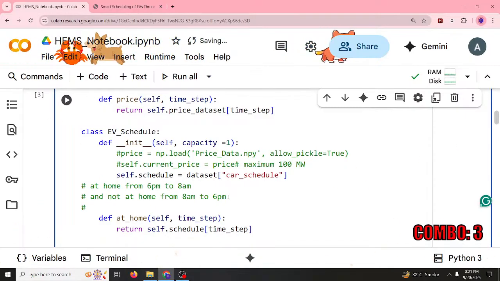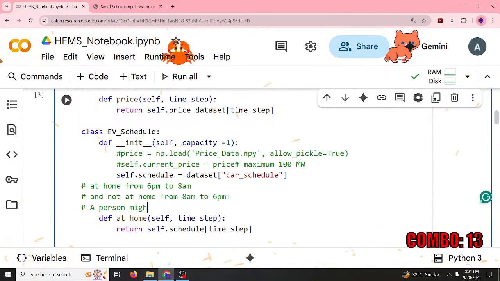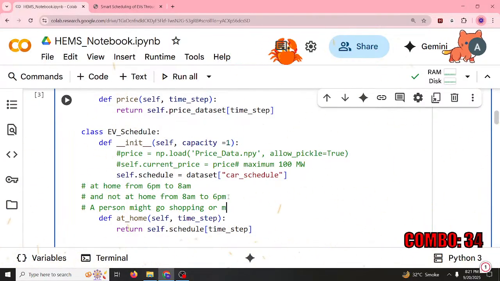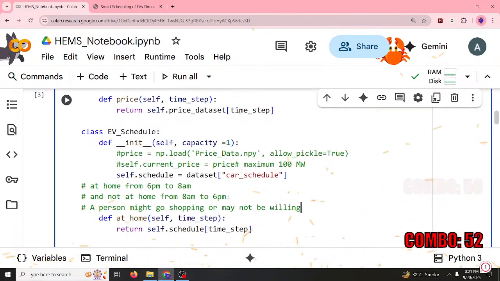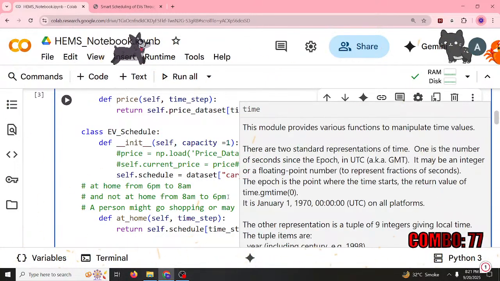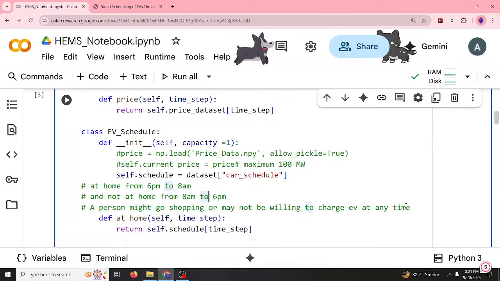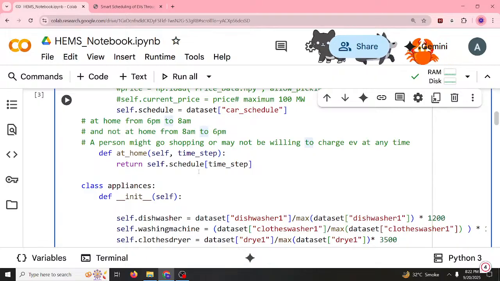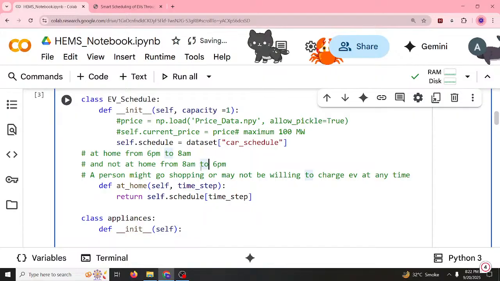That a person might go shopping, or may not be willing to charge the EV at any time. So this is what we have also included in this data set. So you can also tailor this data set as per your need. But this data set is what I said.